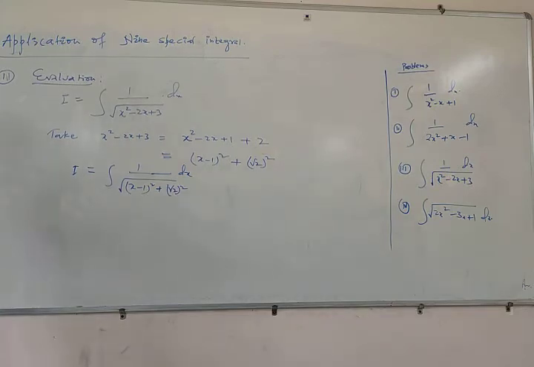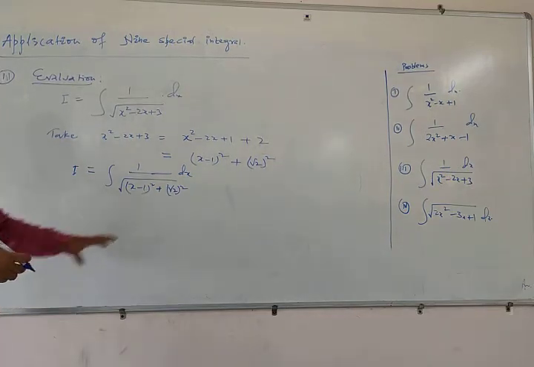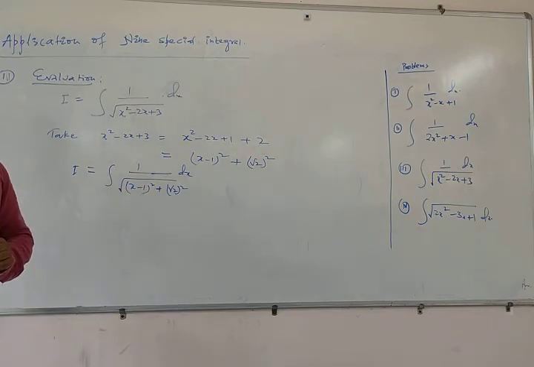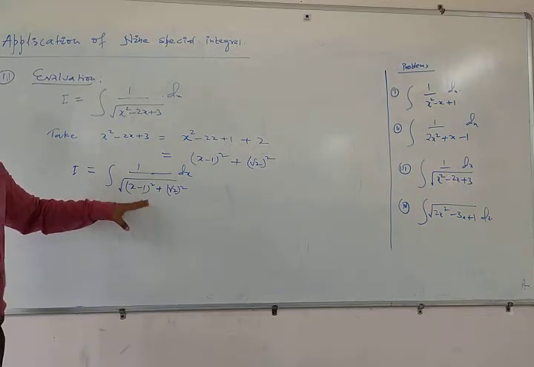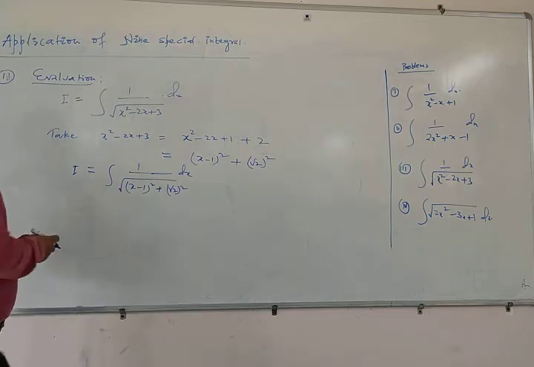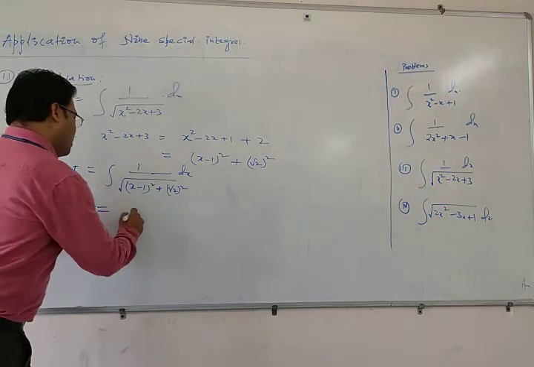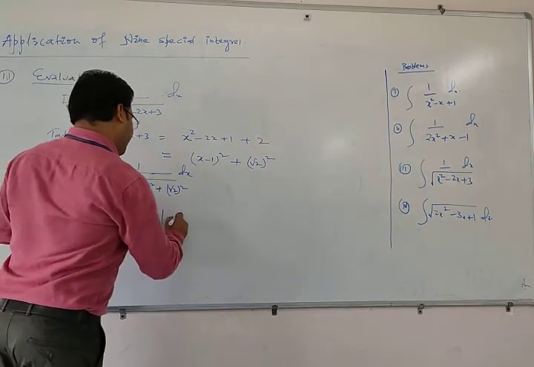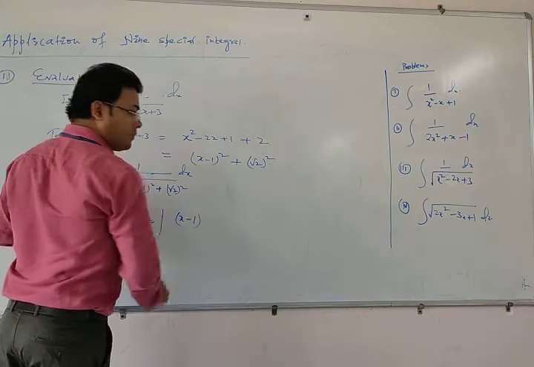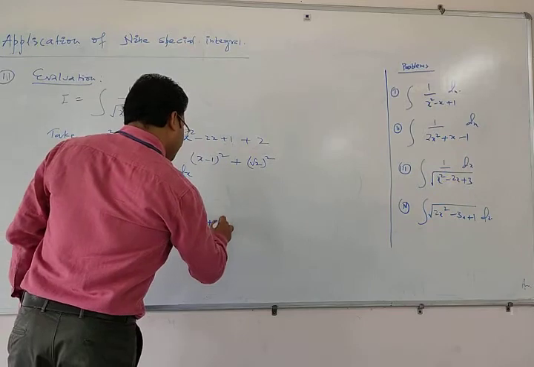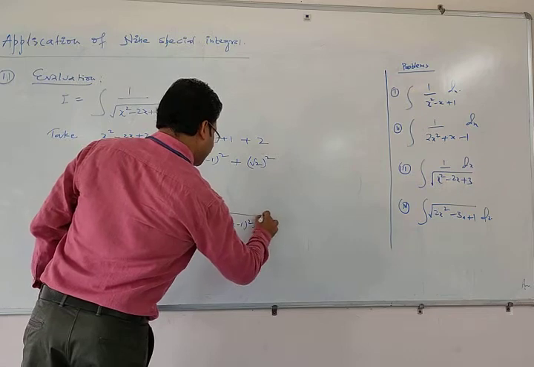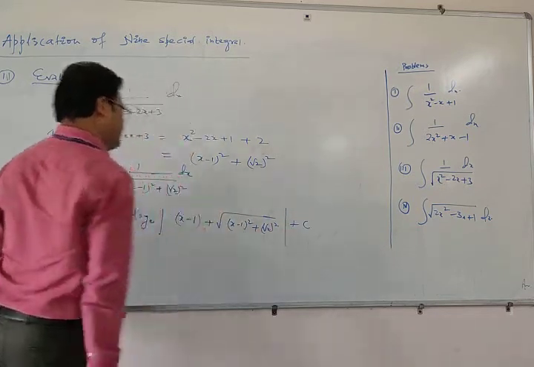Hello students, you can see here this is the integrand of the type 1 upon under root x square plus a square. You have already seen in the last lecture what its integral is. So this is equal to log base e mod x, in place of x you can write x minus 1, plus square root of x minus 1 whole square plus root 2 square, plus modulus plus constant c.